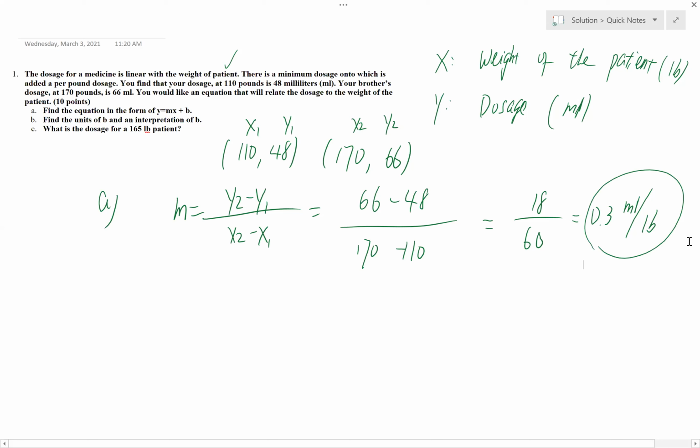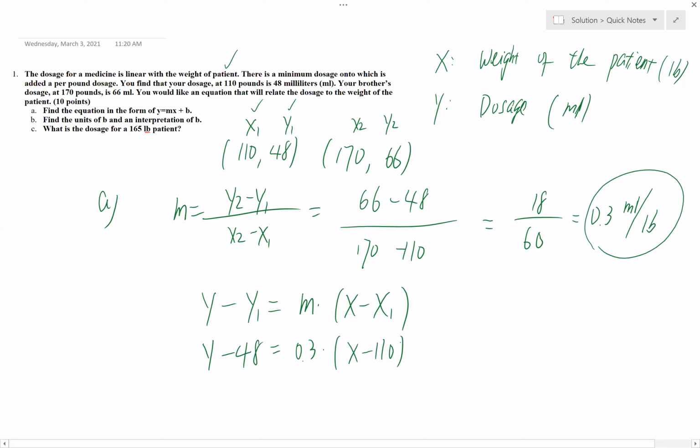Now, once we have that, then we can find out the equation of the line using the point slope formula. So using y minus y1 equals slope times x minus x1. So we have x1, y1, we have a slope. So we throw into this point slope form. So you get y minus 48 equal to 0.3 times x minus 110.